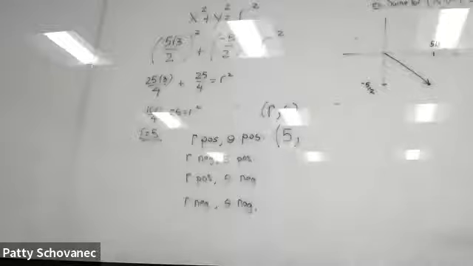Tangent is y over x. So the 5 halves top and bottom will cancel, leaving us with 1 over root 3. So tangent of theta is 1 over root 3, which comes from a ratio of sine to cosine in the unit circle.